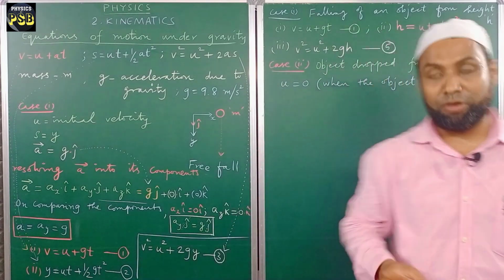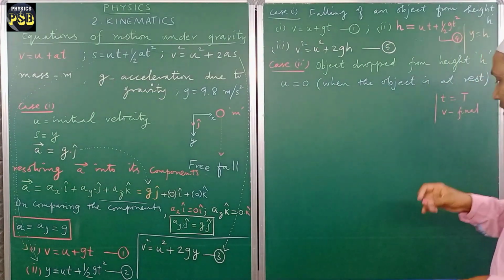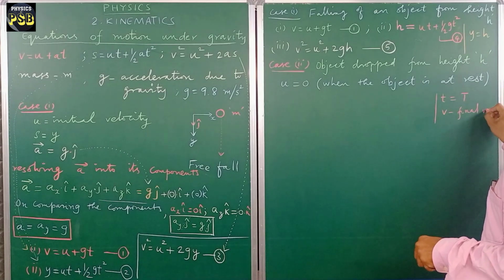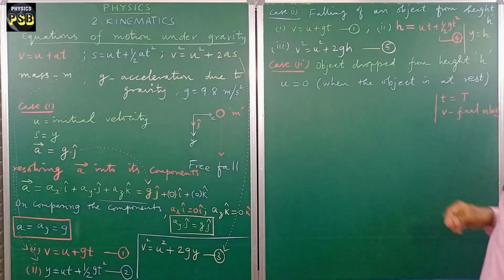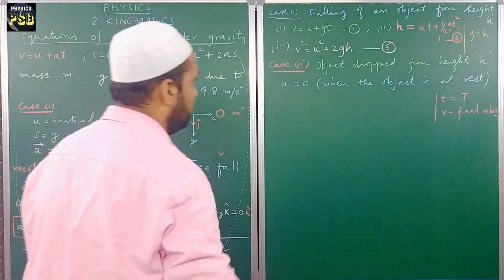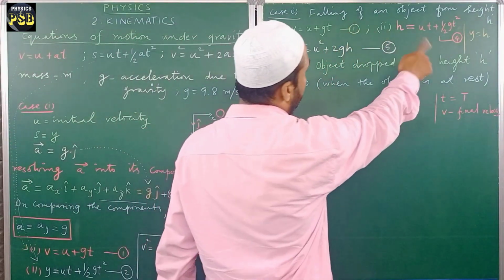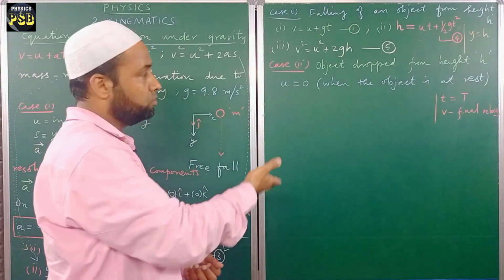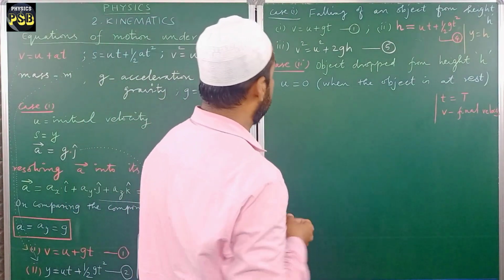Here v is the final velocity when the object has hit the ground. Okay. Now I am going to modify these three equations, equations 1, 4 and 5, according to this case, according to the new assumptions.